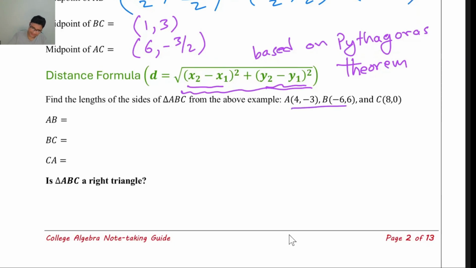Let's take the same triangle ABC. The length of AB will be under root. Now you can do this x1, x2 thing mentally. The first point, call it x1, y1, and the second point, call it x2, y2, for your own reference.